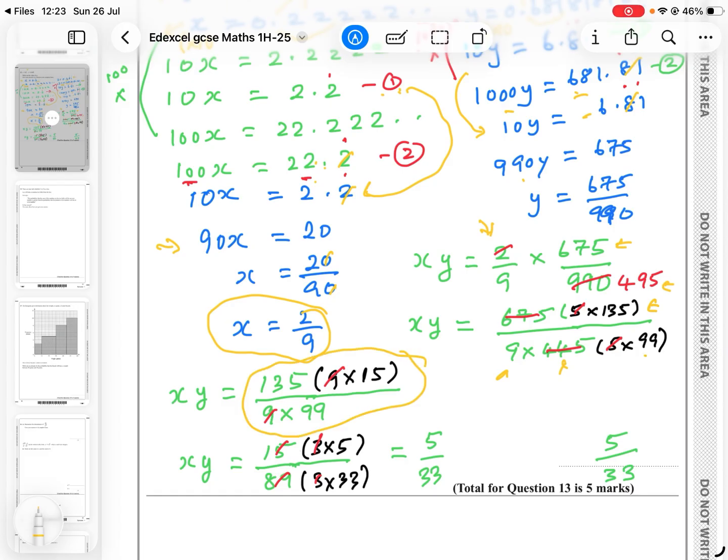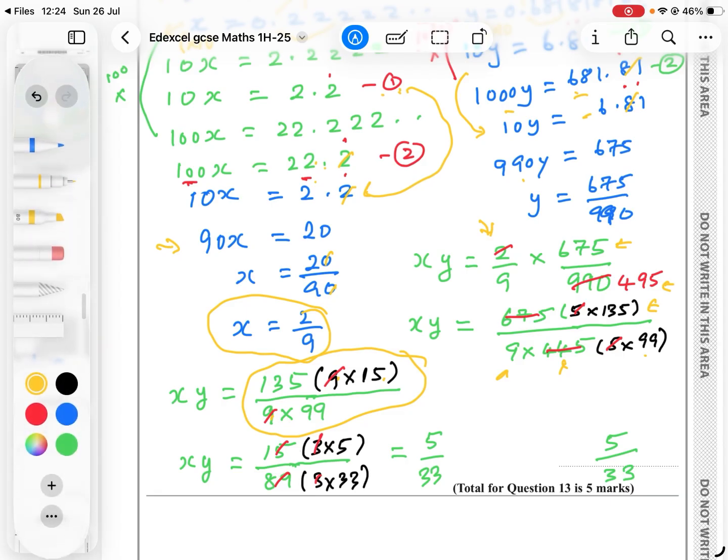Now again we can simplify. 135 you can write as 9 times 15. So the 9 cancels, and you get only 15 over 99.